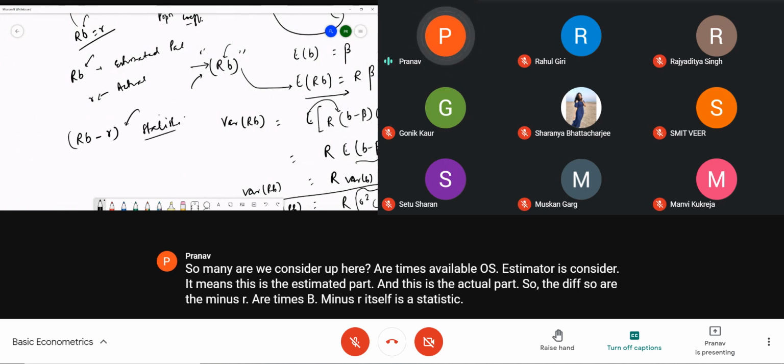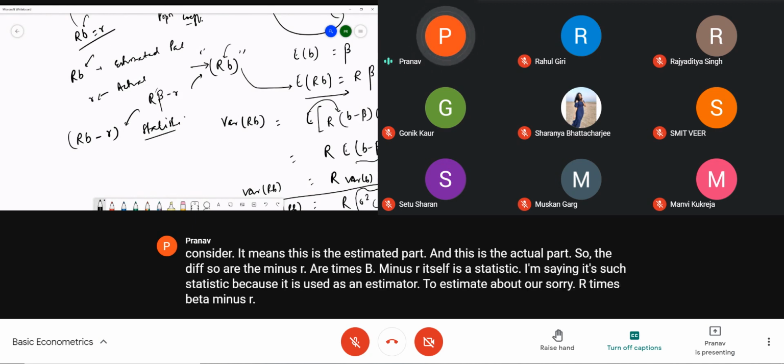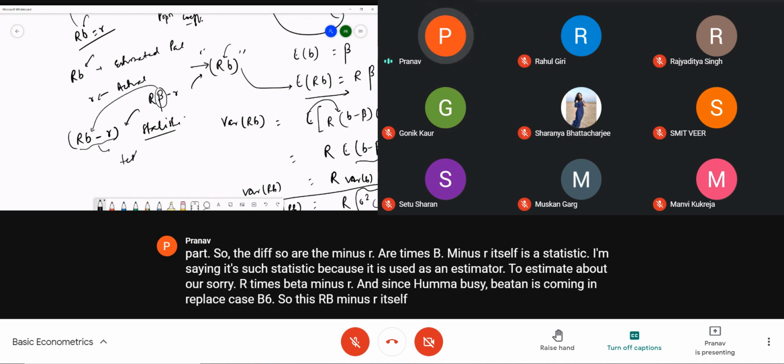Why am I saying it's a statistic? Because it is used as an estimator to estimate R beta minus r. And since we do not have this beta, I replaced it with this b. So this Rb minus r itself is a test statistic.